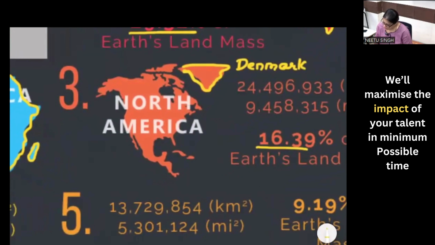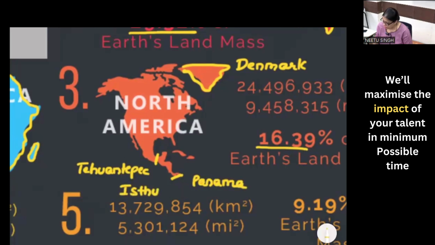When I take the demarcation of these two, this is Isthmus of Tehuantepec, and this is Isthmus of Panama. Isthmus are narrow arms of land that connect two bigger land masses.